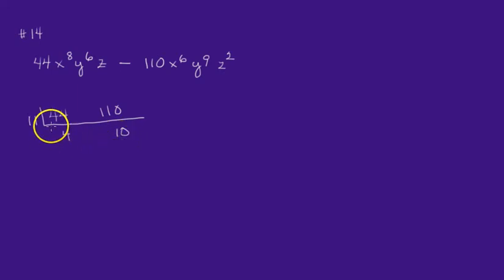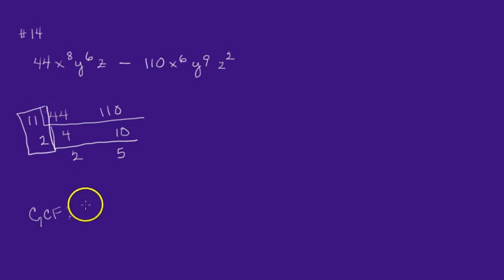Those have a factor of 2 in common. 4 divided by 2 is 2, and 10 divided by 2 is 5. So I have a 2 and a 5, and the only factor that both of these have in common is just 1. So my greatest common factor for my numbers is going to be the product of 11 times 2, and that gives you 22. So that's just for my numbers.